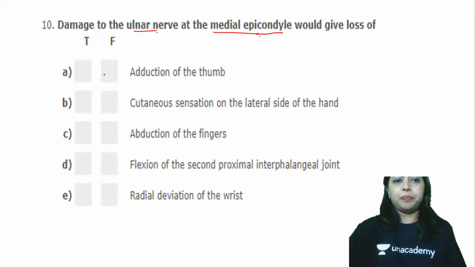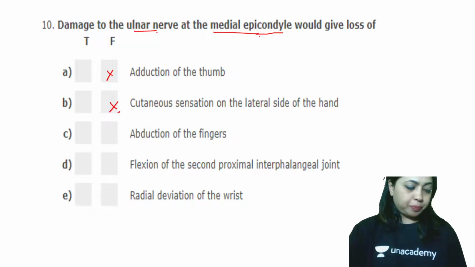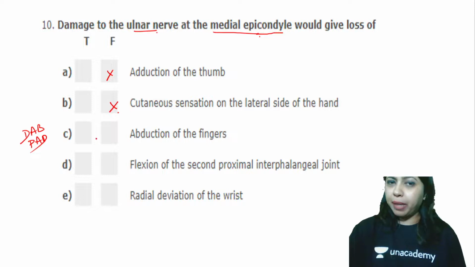Adduction of the thumb? No, that has got nothing to do with it. Cutaneous sensation on the lateral side? No, that's also not. What about abduction of the fingers? Adduction and abduction of the fingers. DAB and PAD, remember, both are supplied by the ulnar nerve only. So it is true.